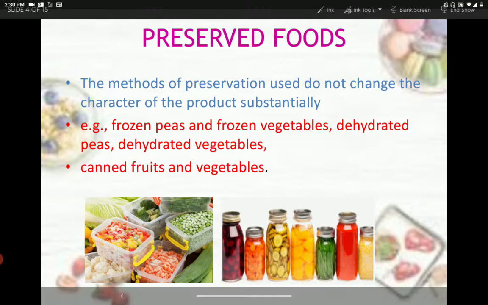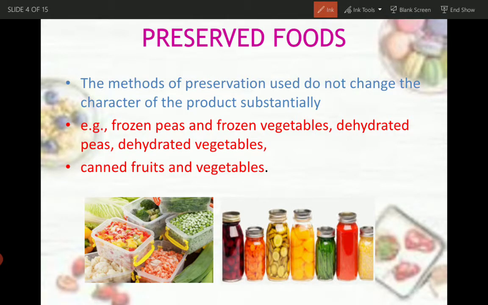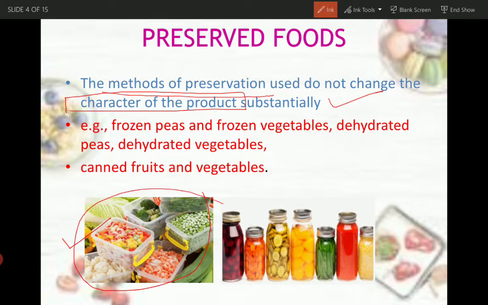Next, we come to the preserved foods. The preserved foods are the ones where the methods of preservation used do not change the character of the product substantially. Here, the character of the product is not changed. You can identify the product and it remains the same. For example, these are all frozen vegetables, frozen peas, frozen vegetables.